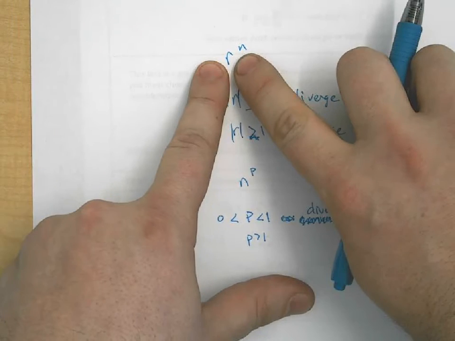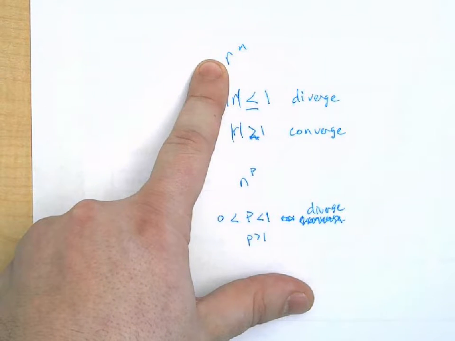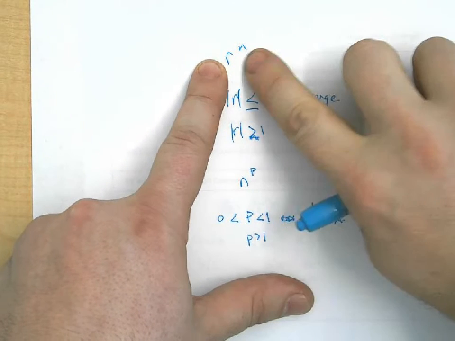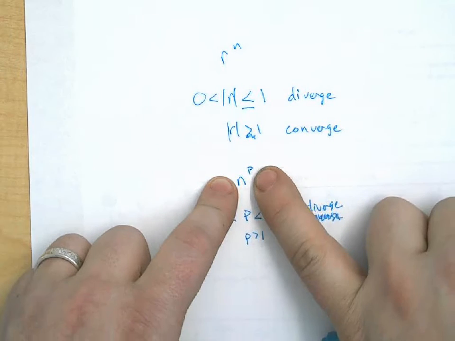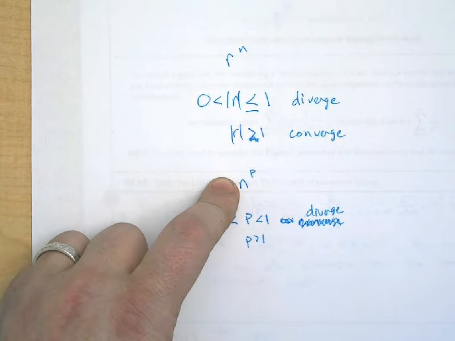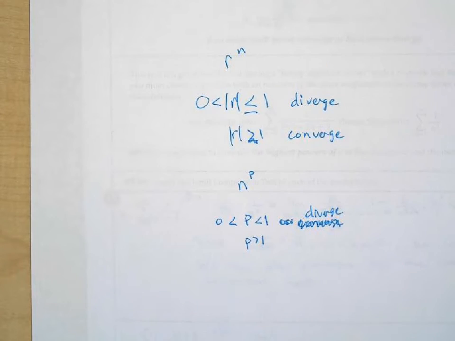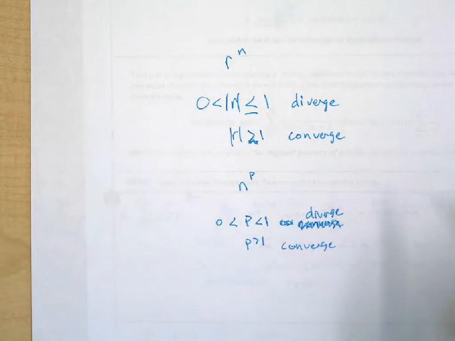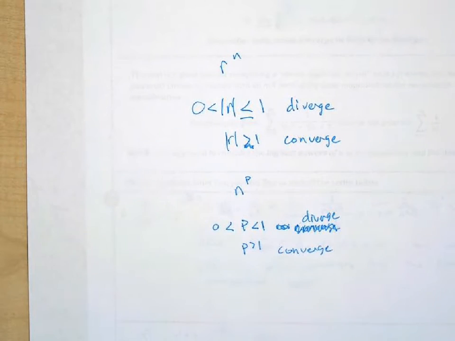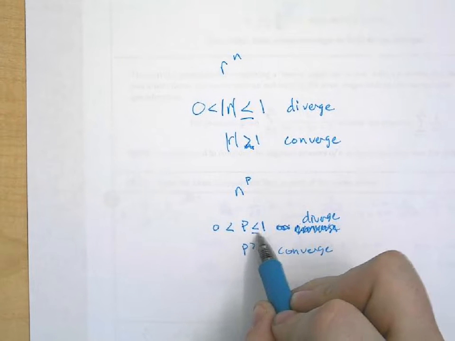No, r is a ratio that's common between every term. So maybe every term is growing by 1/2, like 1/5 to the n. This is n raised to a constant value, so you would see n raised to the 5th. p is the exponent. n's the only thing that's ever changing. So this diverges and this converges. The rules are kind of similar looking. And 1 is diverge.